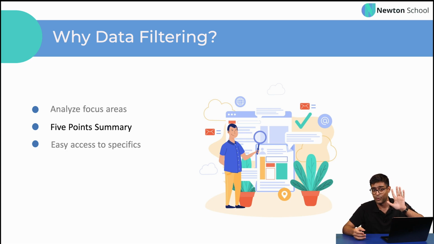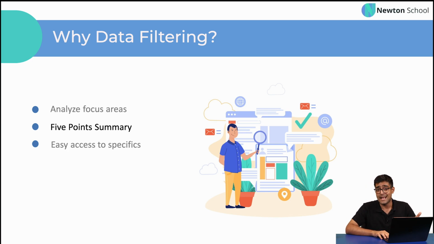So the five points are: minimum, quartile 1, quartile 2, which is also known as the median, quartile 3, which is the 75th percentile, and then the maximum value, that is quartile 4. This is the 5-point summary, right? So once you use data filters, you'll understand the range of your data set. And you can select the range which you want to play with, or the range which is giving you an insight which everyone is waiting for.